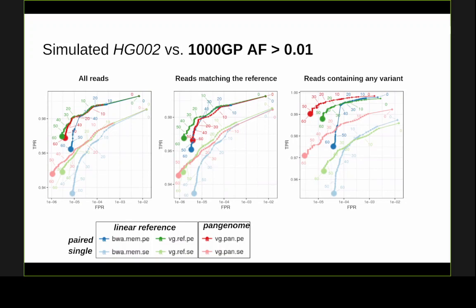Even though we simulate them from a diploid, we can map them back with different methods. Either BWA, which is just against the linear reference, or VG, green against the linear reference, or in red against the parent genome. And the two colors are representing paired-end mapping or single-end mapping.